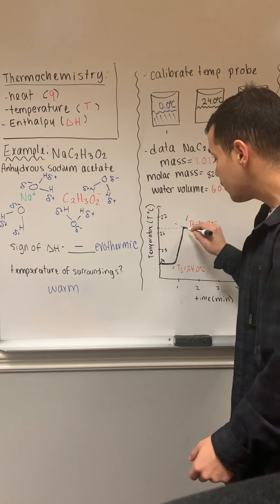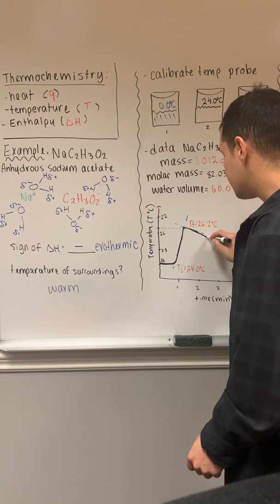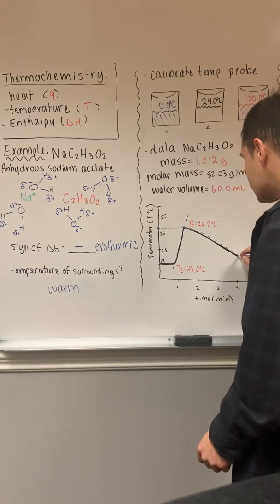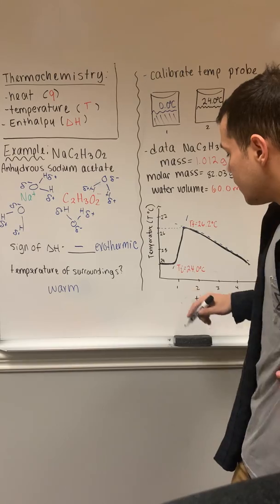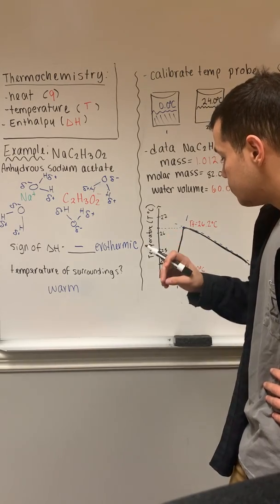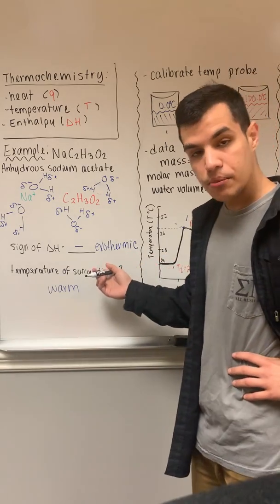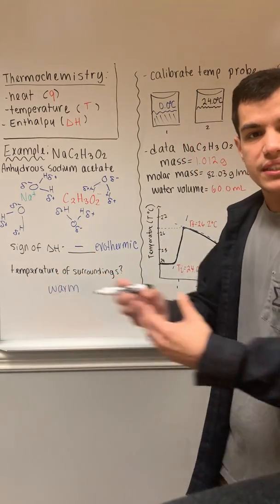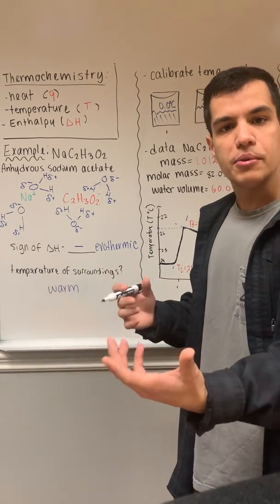It reaches a point and then it starts going back to equilibrium, or to room temperature. So that's what my graph looked like, and basically it's telling me that it became warmer. Like I said, it was exothermic because it's releasing heat. And if you release energy or heat, then the surroundings become warm.